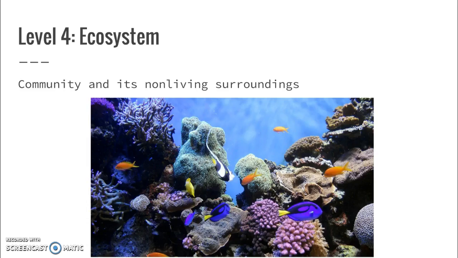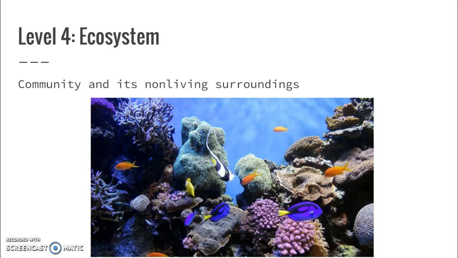So from our community, we're going to have an ecosystem, which is going to be the community and its non-living surroundings. So your ecosystem is going to be your biotic, your living, and your abiotic, your non-living factors all in one.